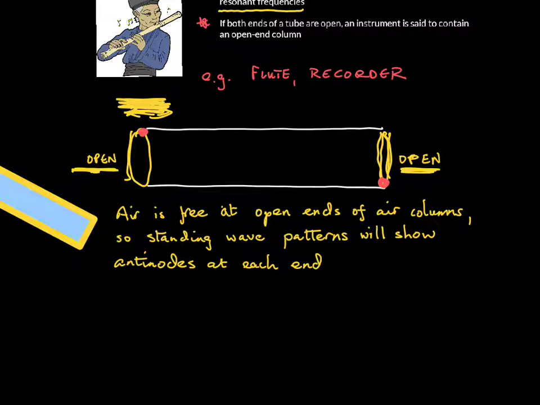Well, we know that we're going to have some sort of a pattern like this, and the different patterns, the different wavelengths that can be achieved within that column, are called harmonics, and we're going to have a look at the different patterns that can be done. But for now, it's important to note that if the column is open on both ends, what we're going to see with that standing wave pattern is an antinode.